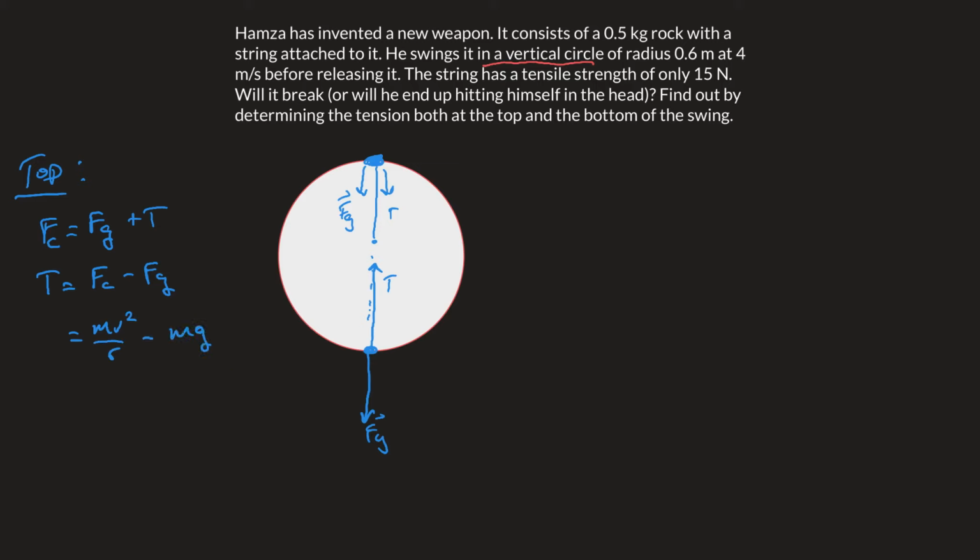This is perfect because we have all of this information. Our question gives us m, which is 0.5, v, which is 4, and r, which is 0.6, and it gives us m again, 0.5, and of course we know g, 9.8. So we can solve for that and get 8.4 newtons.